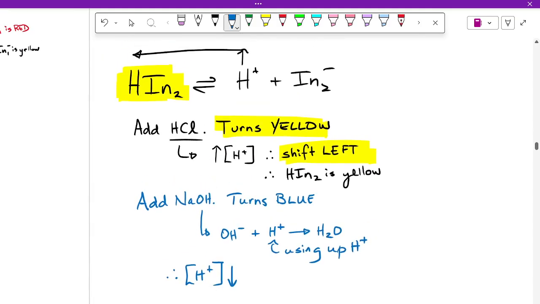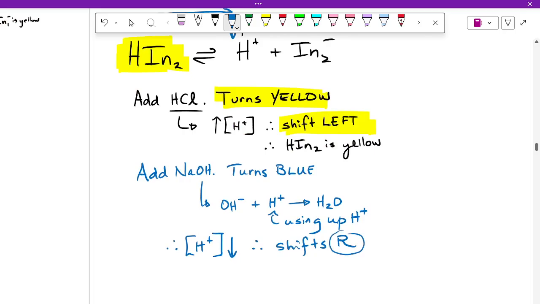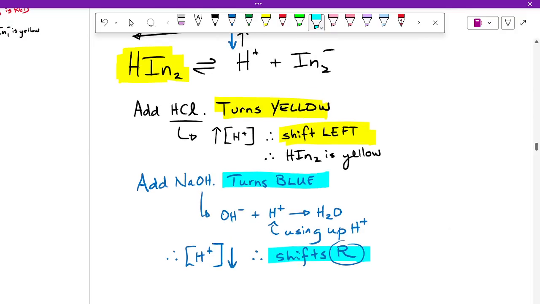And if it goes down, which way does the equilibrium shift? It shifts to the right. And if it shifts right, what color does it turn? Well, we know it turned blue. It turned blue and it shifted right. What species is on the right? In minus is on the right, therefore In minus must be blue.